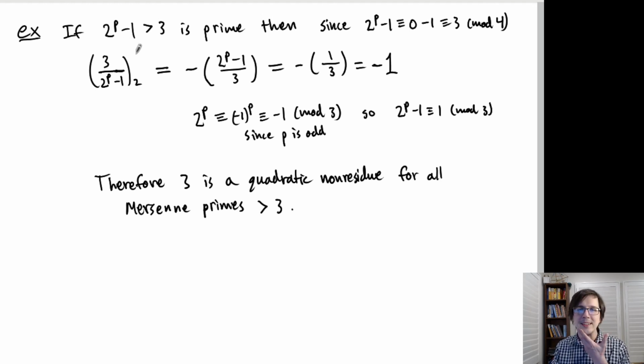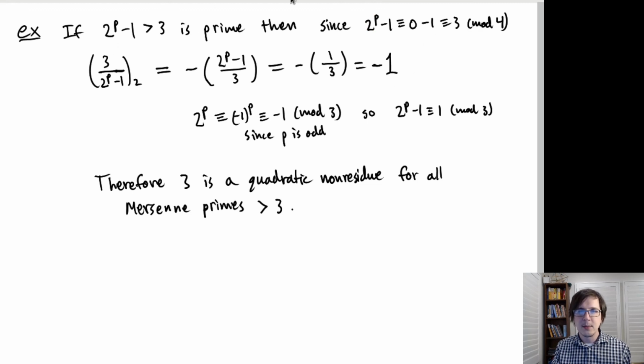But because it's mod 4, that means that 2 to the p is going to be 0. And so the Mersenne prime is minus 1 mod 4, which is 3 mod 4.